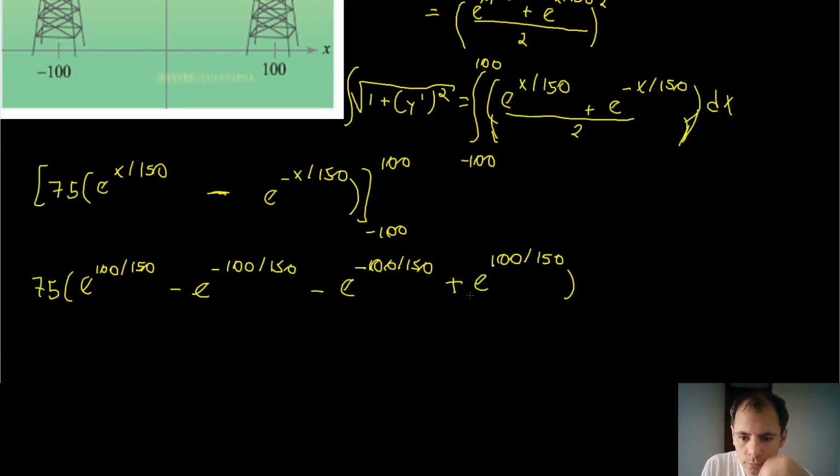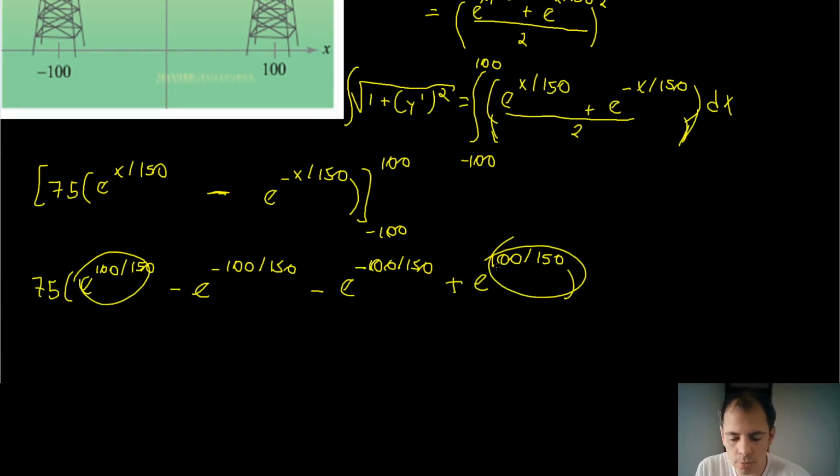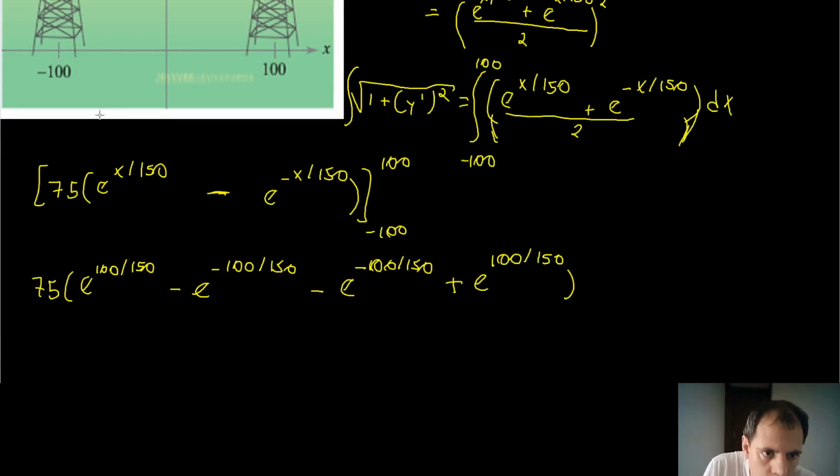Now when you see you got an e to the 100 divided by 150 and another e to the 100 divided by 150, adding up, I can just put a 2 here. Same thing with this: it's minus e to the minus 100 divided by 150 minus e to the minus 100 divided by 150.